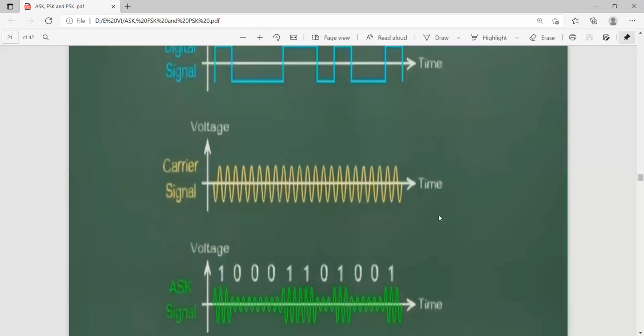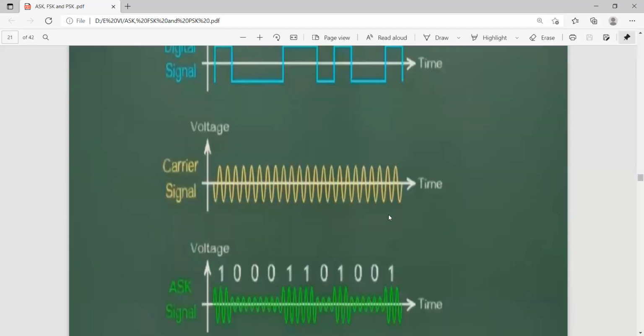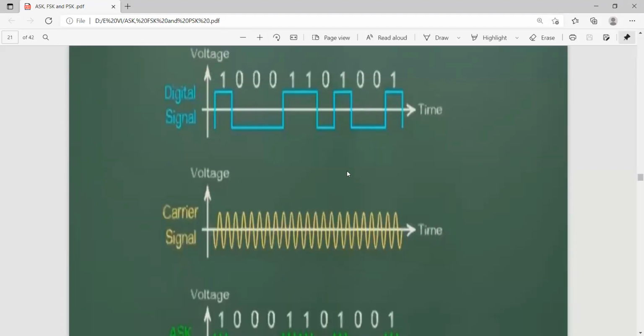Now in amplitude modulation, that is amplitude shift keying, it is called shift keying instead of modulation. In amplitude shift keying, if the bit is positive, the carrier wave will be present.